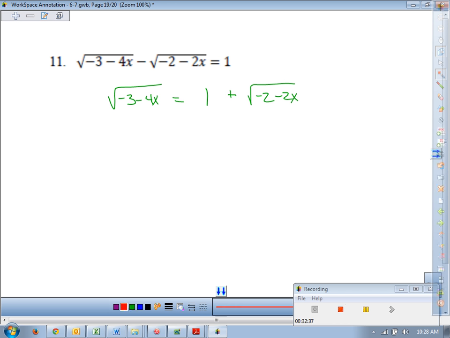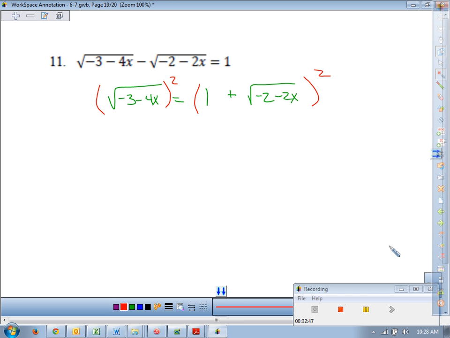It will be much less of a mess because now that you have this radical isolated and you square both sides, on this side, you don't have a couple of radicals in that binomial. You have a whole number and a radical, and that we can handle squaring much, much easier. Cool? So when you have more than one radical and they're on the same side, isolate one radical first. Okay? Why don't we just go ahead and finish this problem, see how well we do on it. Then I'll turn you loose.